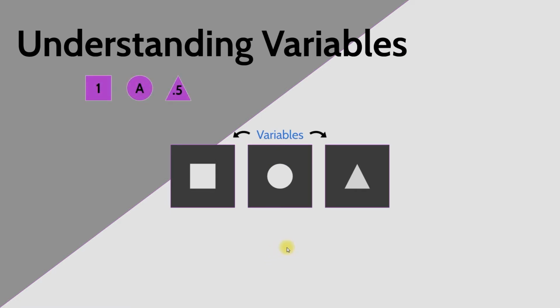Okay, and then we have some information or data that we want to store in those variables. So the key thing to understand about the variables here is that the first variable will only hold data that looks like a square. The second one will only hold a circle and a triangle last.